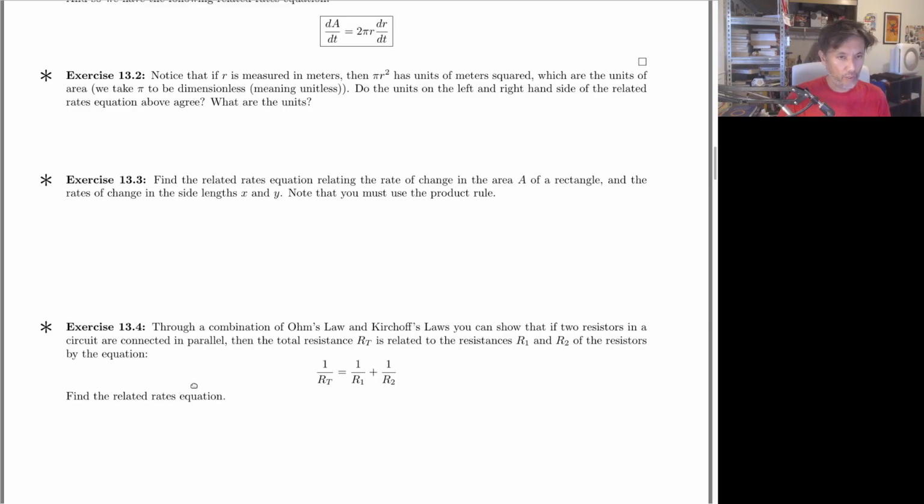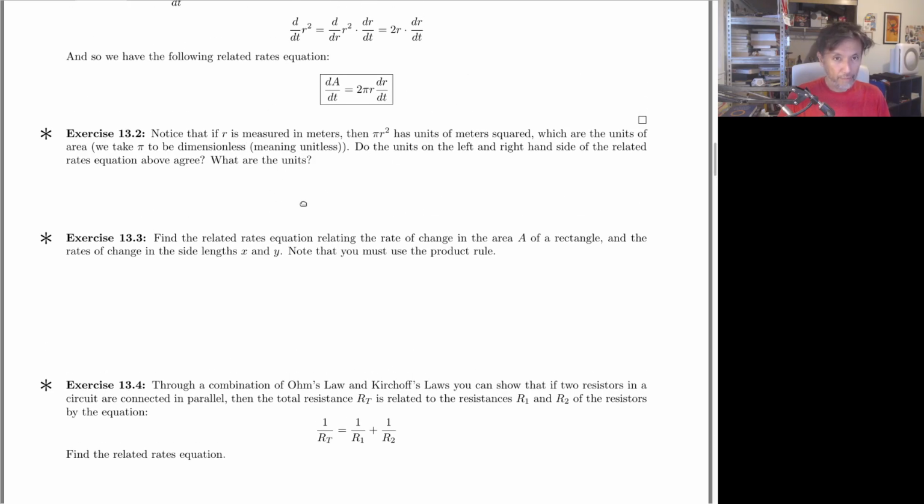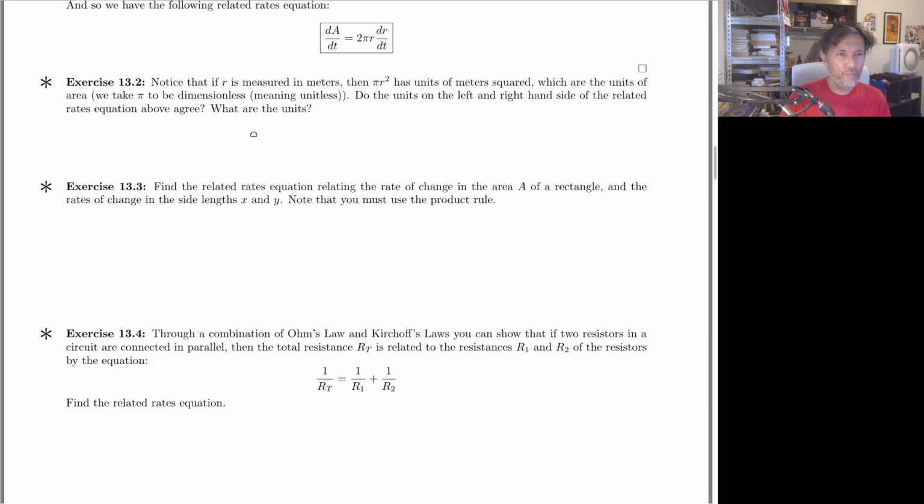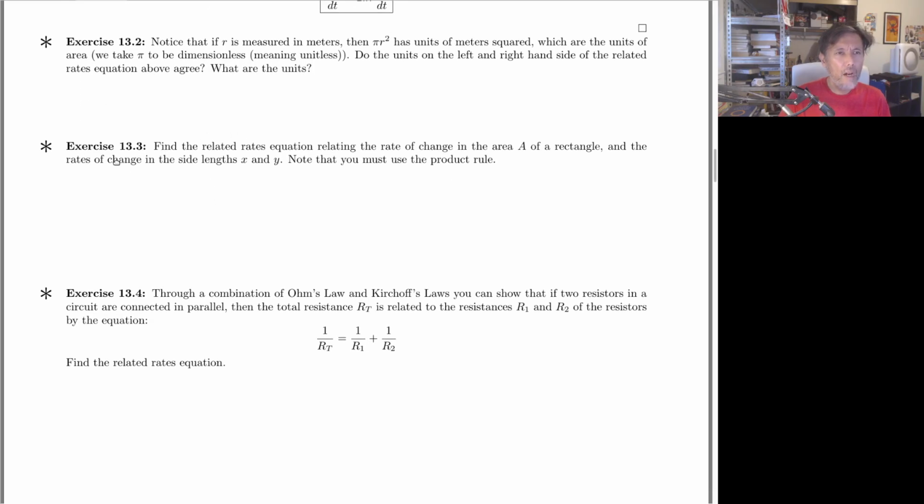So you should try those. I give you an example here for area. Yeah, that's worded weirdly by me. Maybe I'll fix that someday.